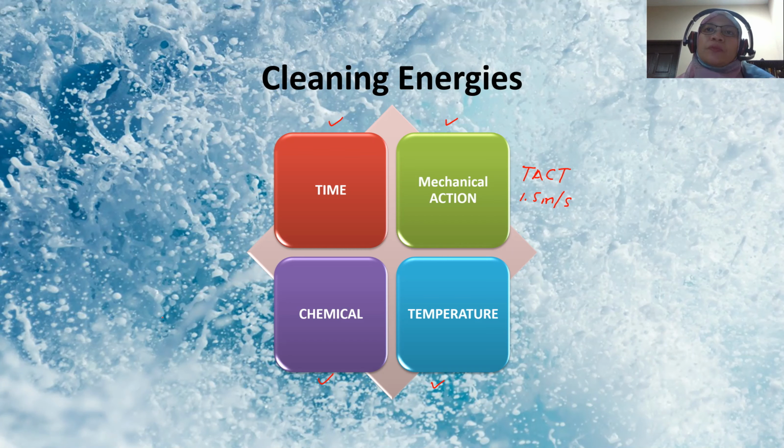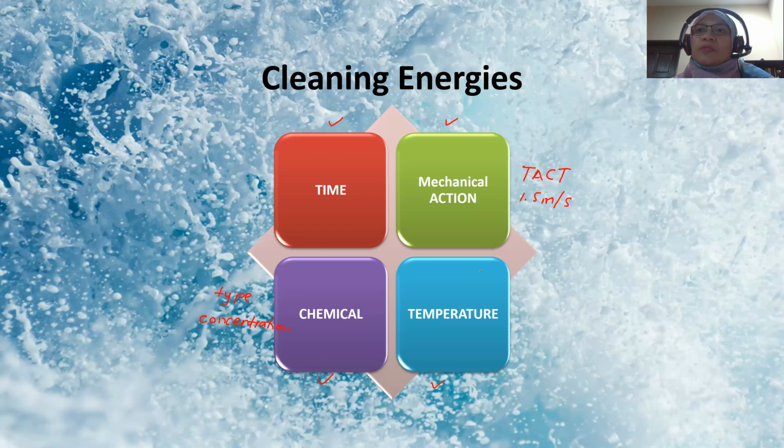Chemical energy will depend on the type of chemical and the concentration. Then temperature energy is usually in the form of hot water or steam. With a temperature increase, the chemical reaction rate will increase.